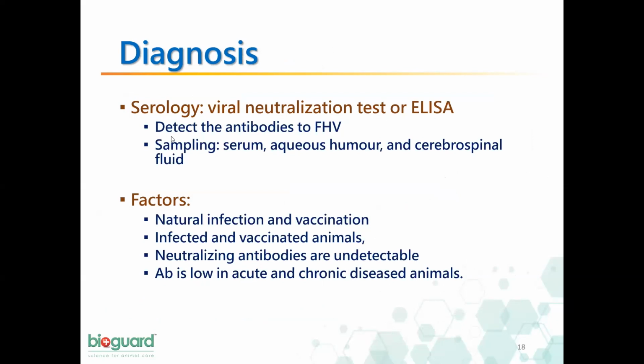This kind of test can detect the antibodies of the feline herpes virus, and sampling can be from serum, aqueous humor, and also cerebrospinal fluid. However, antibody detection through ELISA also has some factors affecting the procedure, such as whether the infected cat is naturally infected or whether ELISA is giving a positive result because of vaccination.